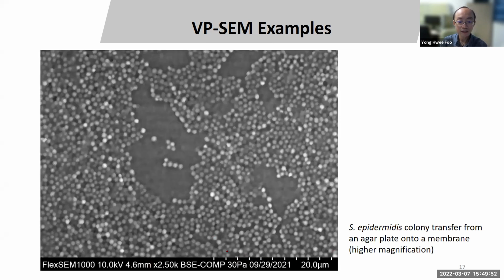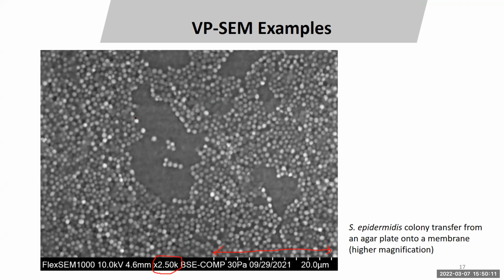Compare with this, which is only about 20 microns, and you have about 2,500 times magnification, the quality dramatically reduces. So VP SEM, at least currently in SCELSE's facility, you can't use it to image single cell detail. If you want to look at single cells, it's really not possible because the resolution gets really bad.